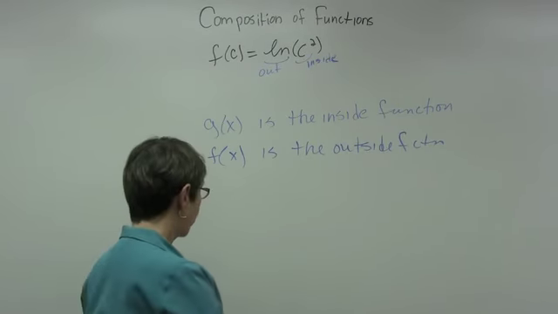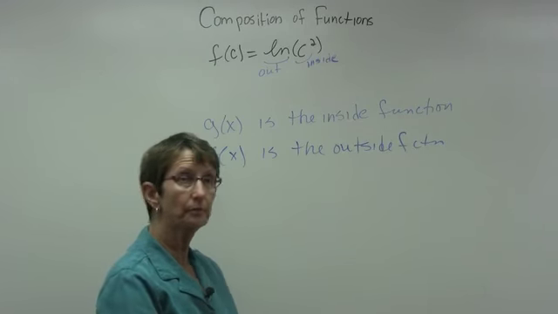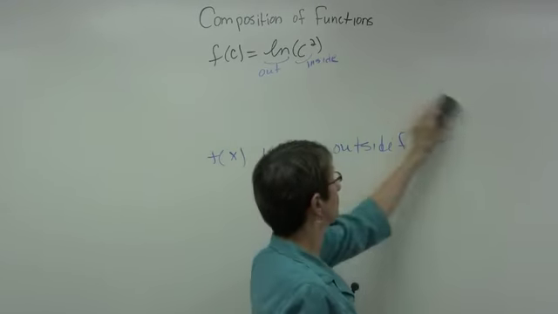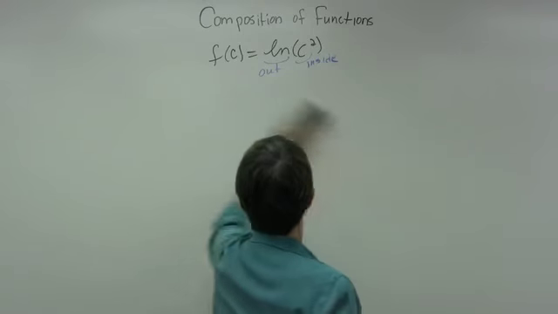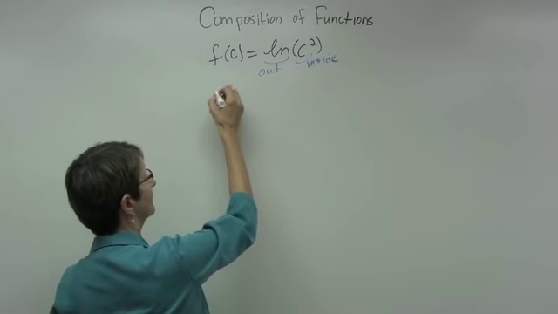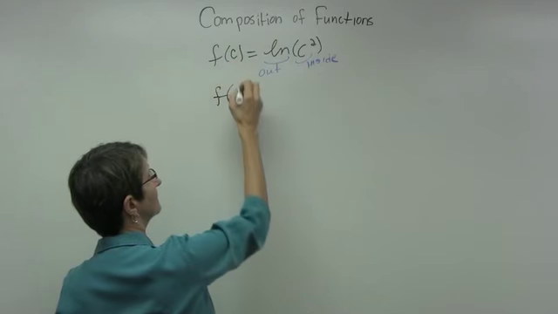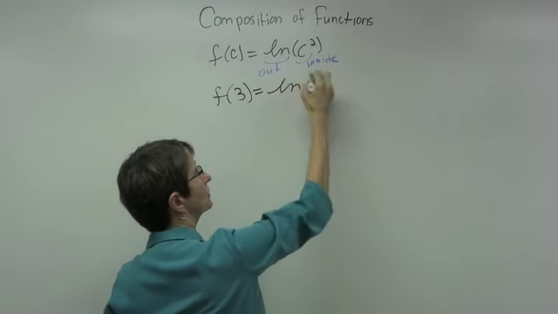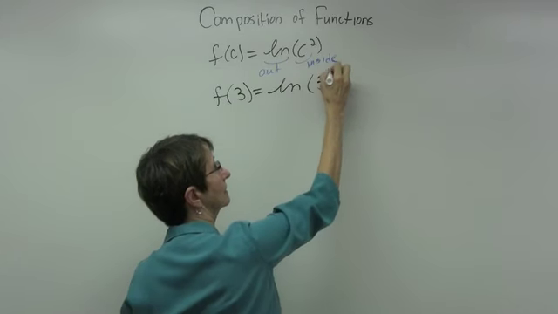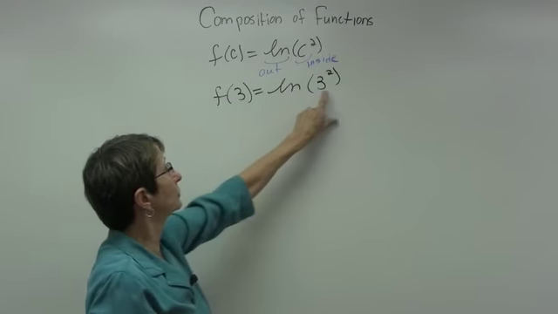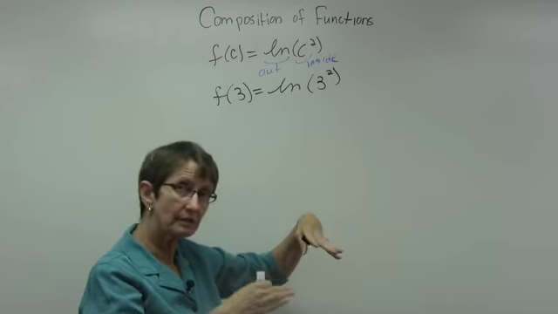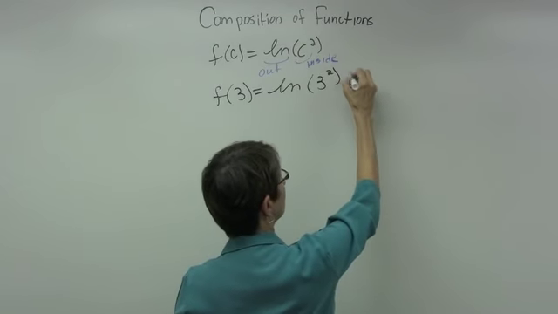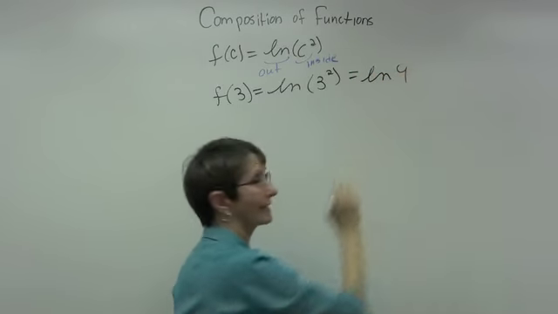So I can think about that as two separate functions. If I wanted to find a value for the function, say f of c, instead of c, I'll put 3. That means I substitute 3 in place of c. I would have to square the 3 first and then take the natural log of it. So that would equal natural log of 9.